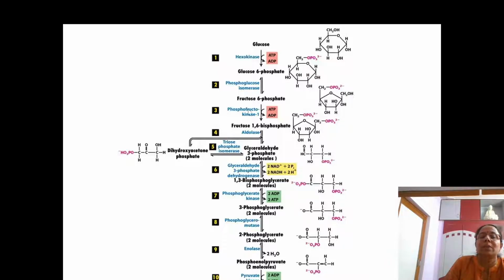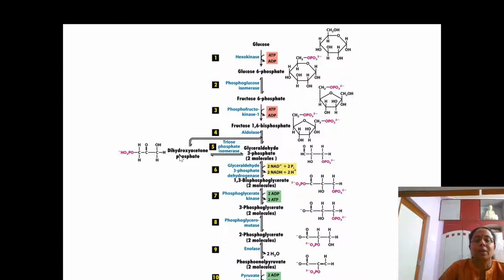So these are the 5 steps of the preparatory phase of glycolysis. Up to here, there is no synthesis of ATP. Remember, there is only utilization of 2 ATP molecules. So if I want to calculate the energetics up to the preparatory phase of glycolysis, I'll take it as minus 2 ATP. Okay, now we'll come to the payoff phase of glycolysis.